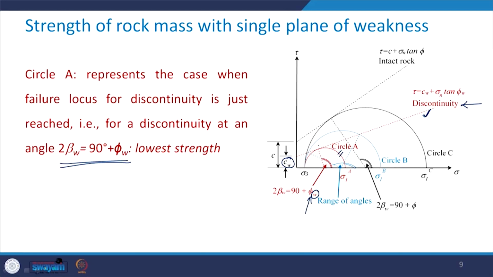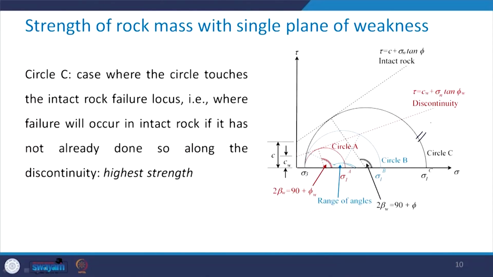Now you can see here that this is a point which is tangent to this equation for the discontinuity, and the angle you can see, if you add it to the center of this circle, would work out to be 2 beta w, which is equal to 90 plus phi w. So before I go to the intermediate case, let us see the other extreme, which is there in terms of the intact rock.